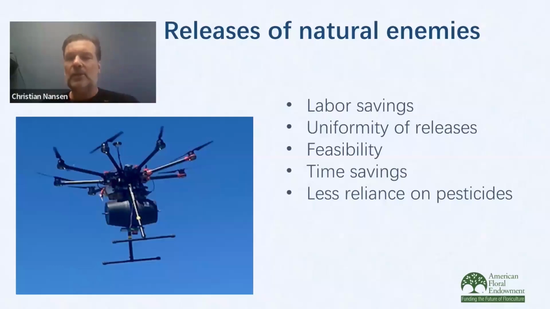But just to summarize why this is intriguing, another way of using drones is that you can have huge labor savings. You can get much more uniformity of your release, because if somebody is sprinkling it out going down the rows, they're going to run out before they end up with some material that they just dump.